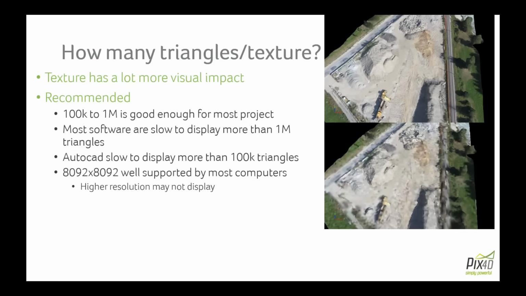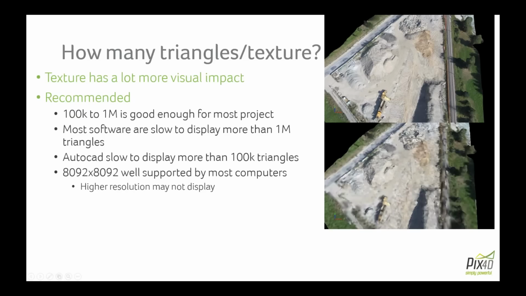However, and this is a very nice lesson about number of triangles versus texture: in the first picture, I generated the project with 1,000 triangles and a texture of 8,000 by 8,000. In the second example, I generated 10 million triangles and a texture size of 256 times 256.